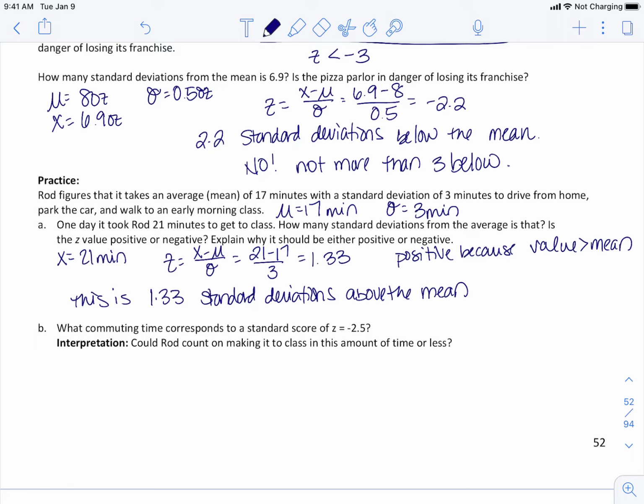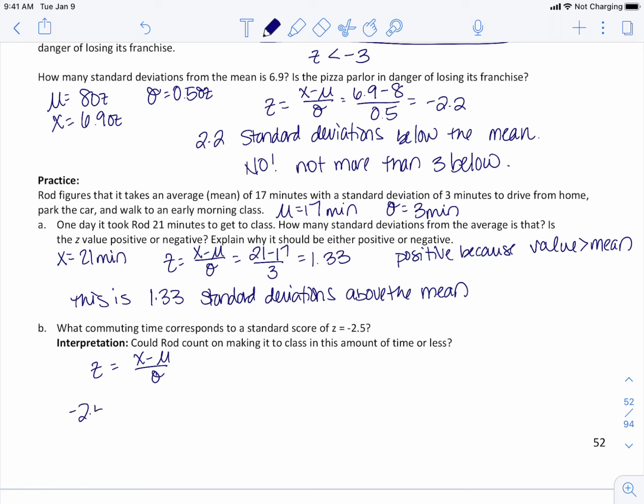Our next question says, what commuting time corresponds to a standard score of z equals negative 2.5? So could Rod count on making it to class in this amount of time or less? I want you to work backwards and find this one. So again, our formula is z equals x minus mu over sigma.